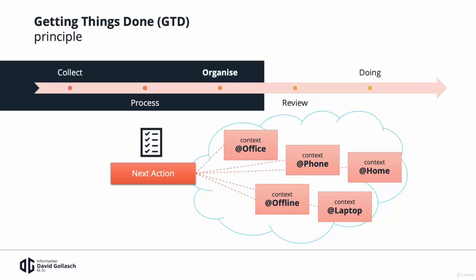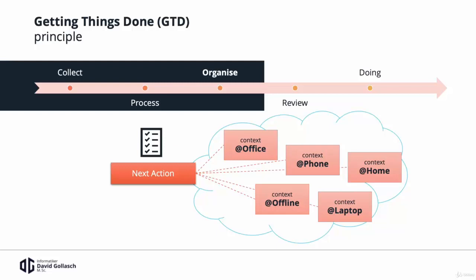These are just recommendations, suggestions for specific contexts that can be used. For your specific case, it might be favorable to exchange some of those contexts. And maybe if you only want to organize all the things that you can do in your office, of course, there's no need for a specific office context or all of the other contexts.